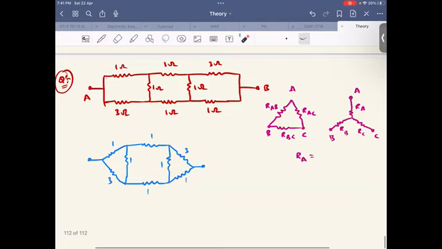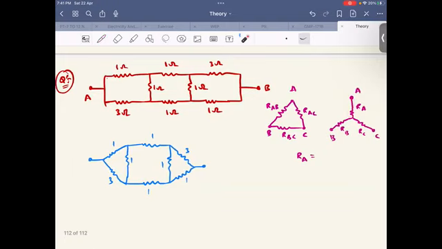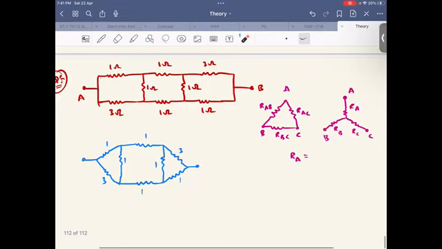Sir, I don't know the method of converting delta into star. Will you please elaborate? Whenever you have a delta, between 3 points there is a triangle kind of structure.